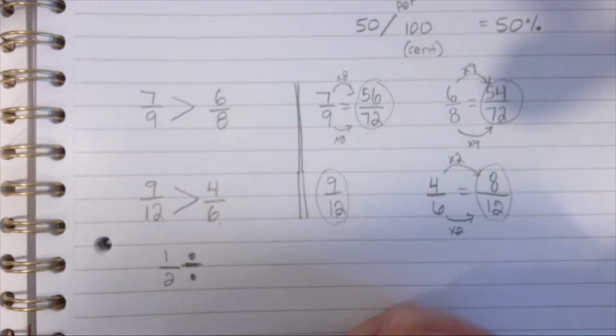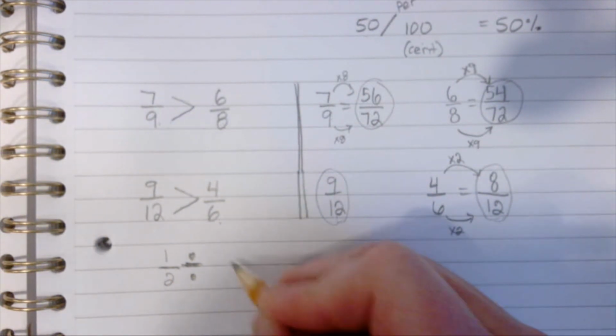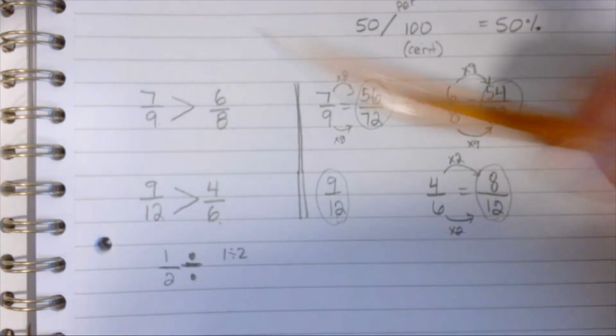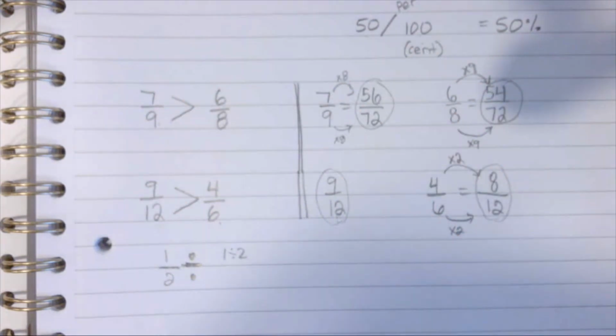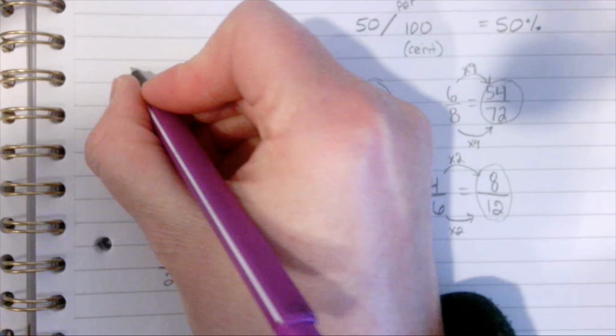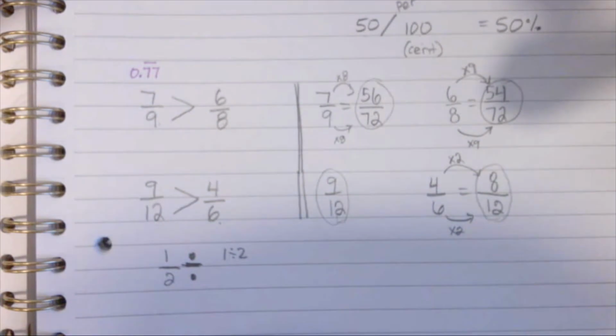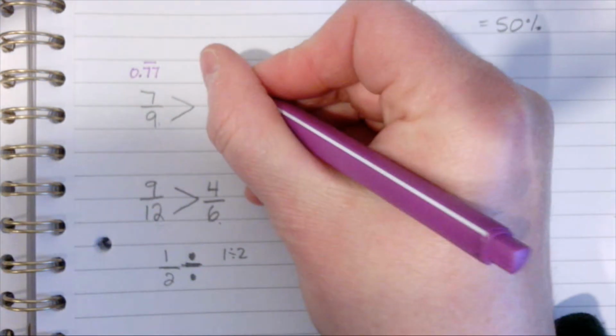So 1/2 is the same as saying 1 divided by 2. So if I want to check these using a decimal, I'm going to say 7 divided by 9 on my calculator gives me 0.77 repeated.